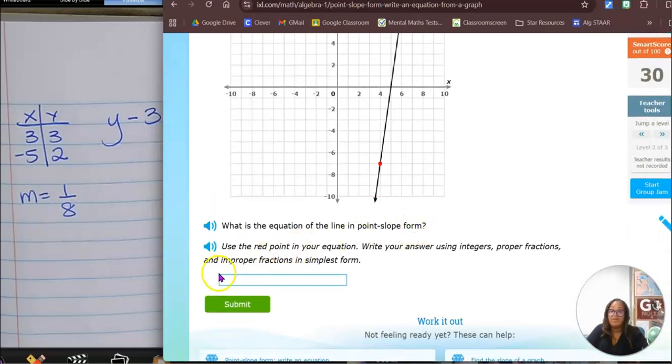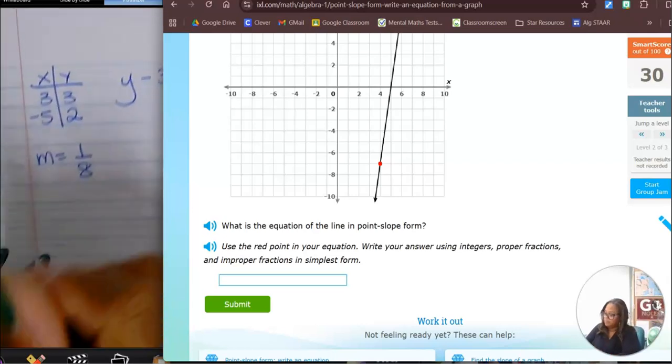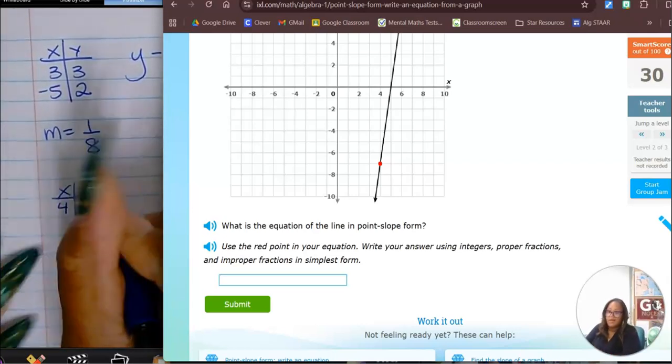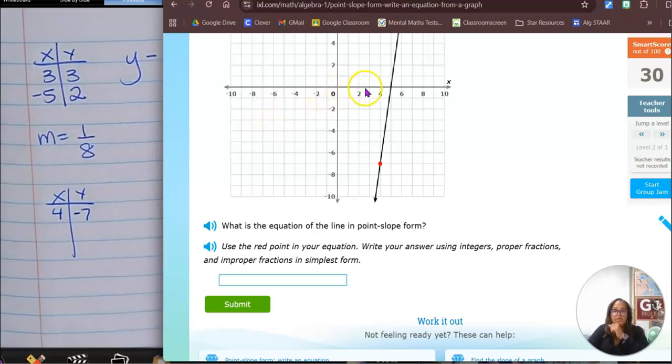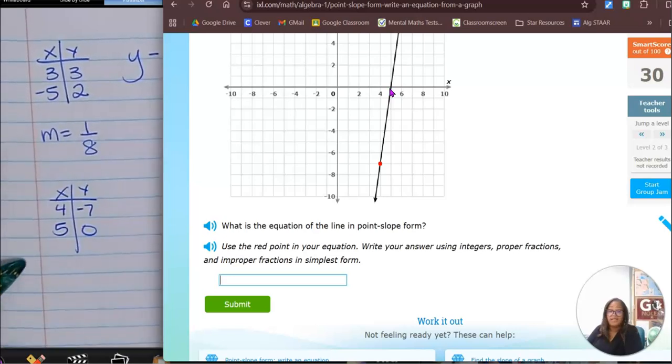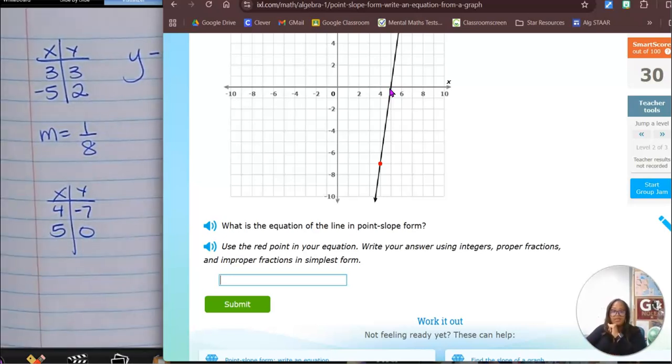Okay, now I've got one where they don't give me the guidelines. I just have to do it on my own. So I've got this point, which is 4, -7. And another point, 1, 2, 3, 4, 5, 0. Because that's my x-intercept. Can't see my y-intercept.